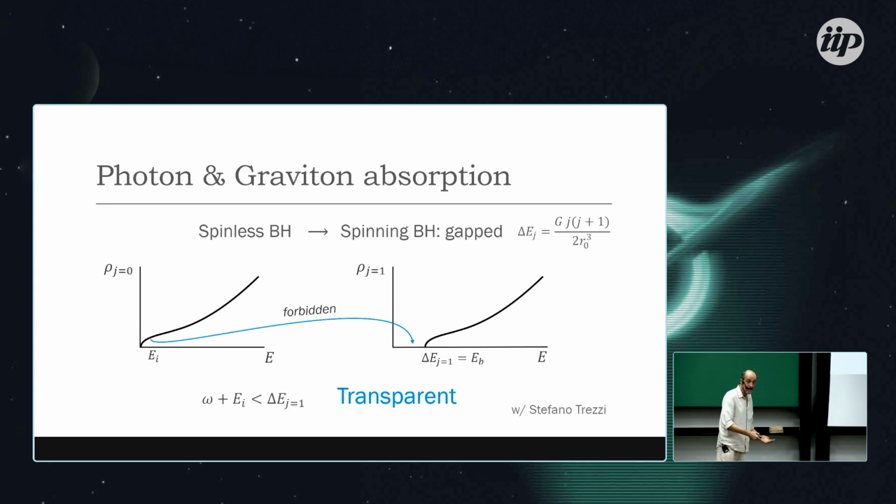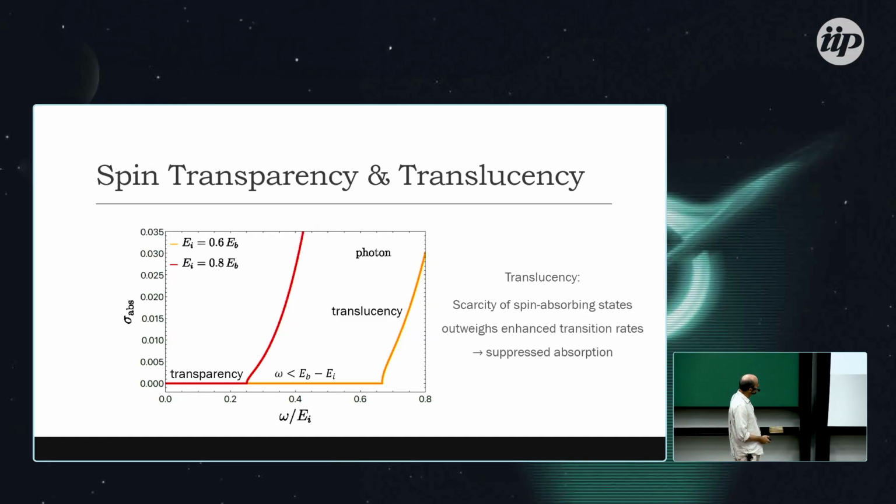But there are larger gaps in the spectrum, and these ones we can compute and study. So this is, for example, similar to the plot that I showed you before, but for two different energies. So these are the transparency windows. You see that as the energy gets closer to extremality, the transparency window becomes larger.